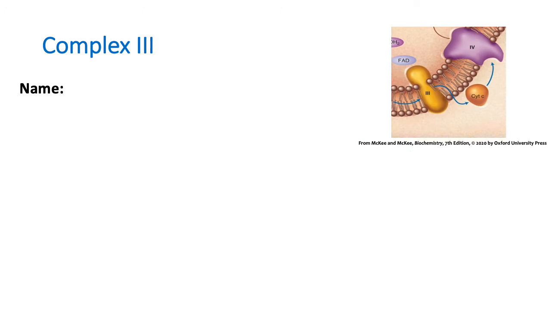Here's complex 3. Recall that it received all the electrons from Q. That's what these arrows right here are trying to indicate. QH2 from either complex 1 or 2 would be giving its electrons to complex 3 here, as shown. Complex 3 is called the cytochrome BC1 complex.